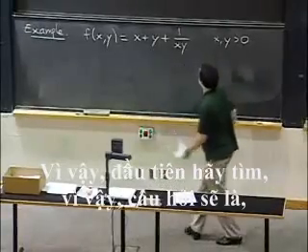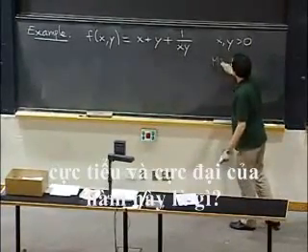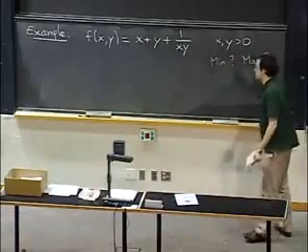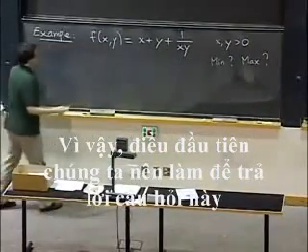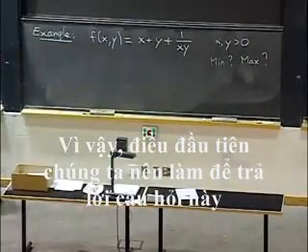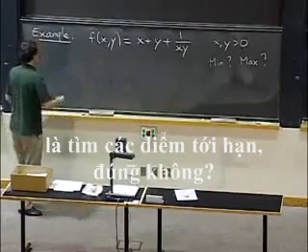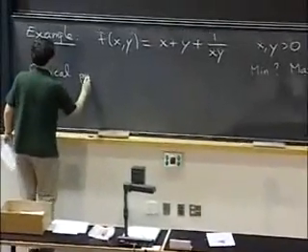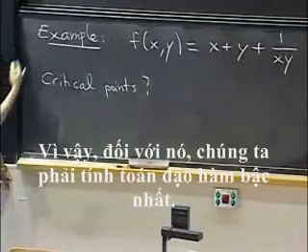So the question will be, what are the minimum and the maximum of this function? So the first thing we should do to answer this question is look for critical points. So for that, we have to compute the first derivatives.